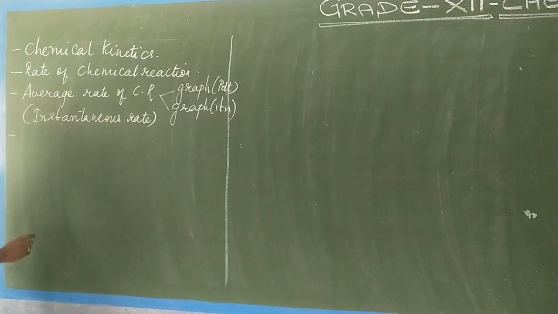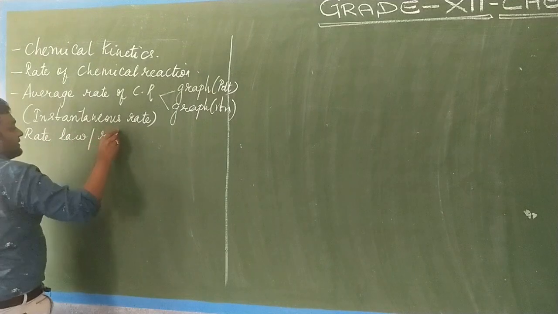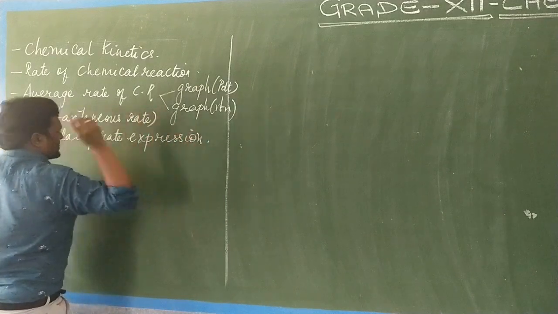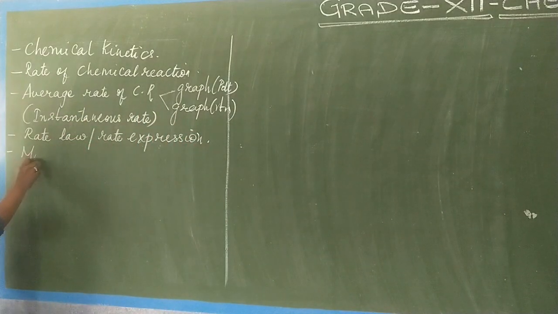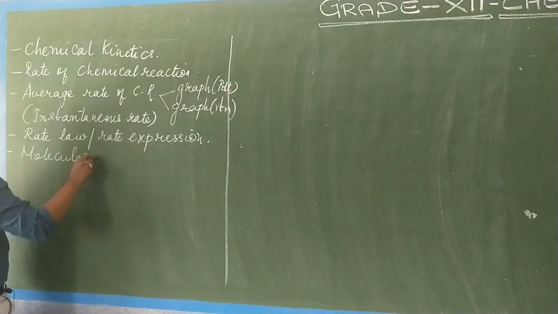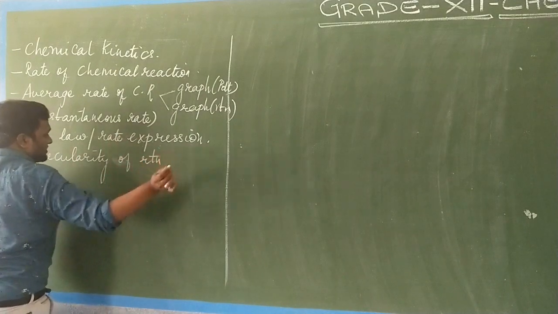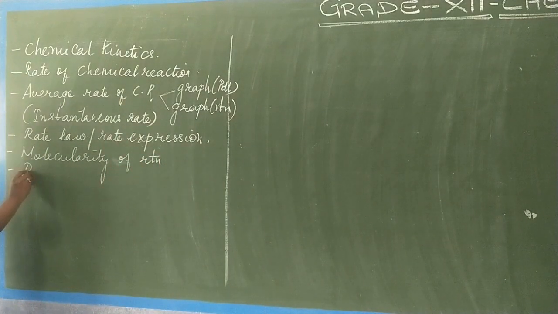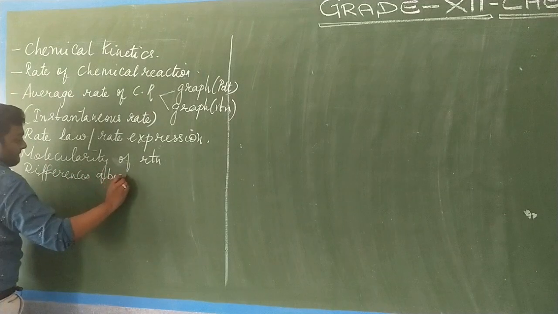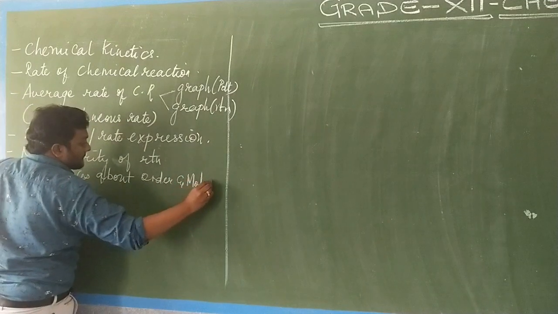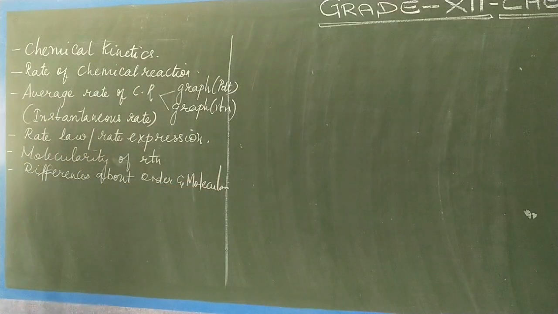Next to the average rate of chemical reaction we studied about the rate law or the rate expression. Next one, what is meant by the molecularity of a reaction? Next to that we studied the differences between order and molecularity of the reaction.